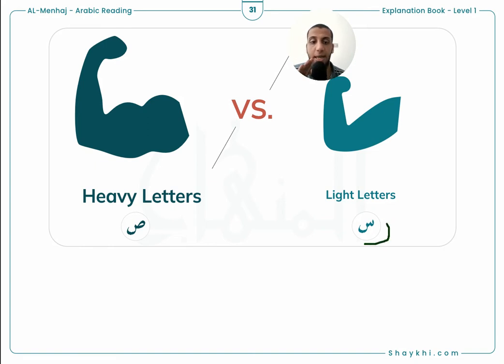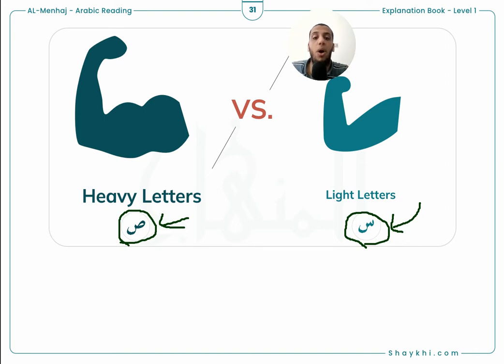This letter is, for example, sin, and this one is letter صاد. There is no difference between these two letters except heaviness and lightness. Letter sin is a light letter, but letter صاد is a heavy one.